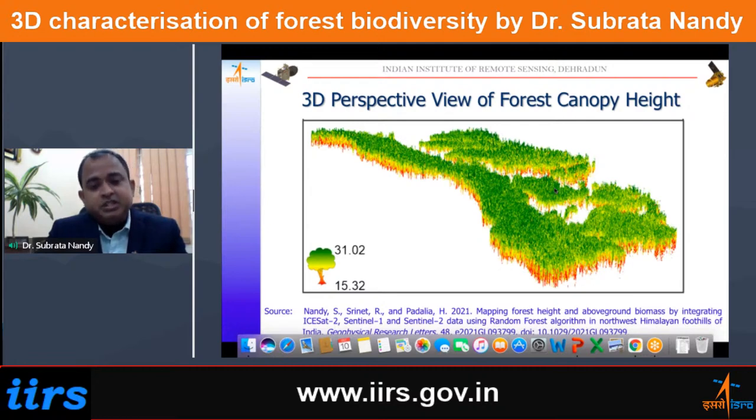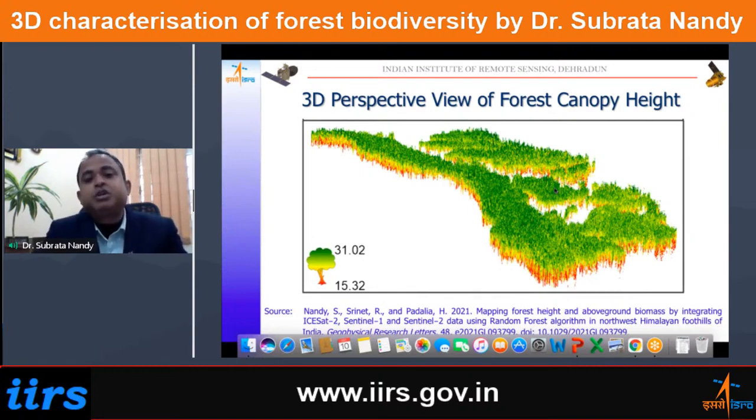Now, as I mentioned earlier in the initial part also, these kinds of maps are very good input for habitat modeling as well. Till now, what we basically do is think of forest as a 2D kind of thing, and based on reflectance and other things, indices, we do this kind of modeling. But this could be additional information.